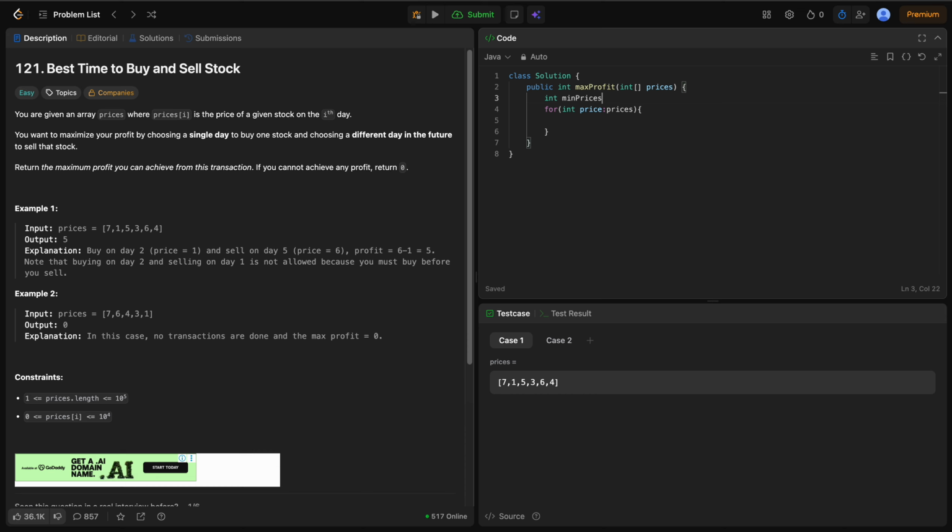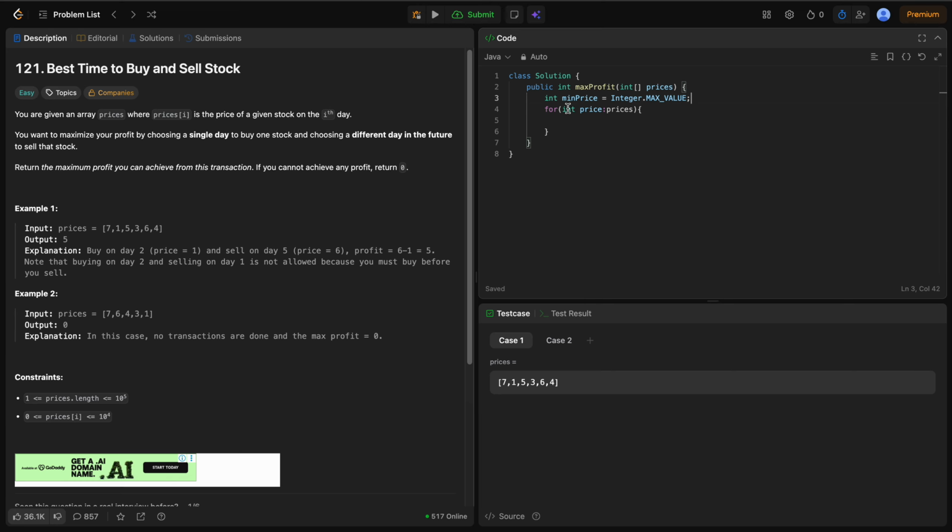Min price. Initially I don't know what exactly the min price is. So in this scenario I will take the max value, Integer dot max value. Why max value? This is also one of the things: in some problems, if they ask you to find the max value or min value, if we need to find the min value, initialize with the max value.